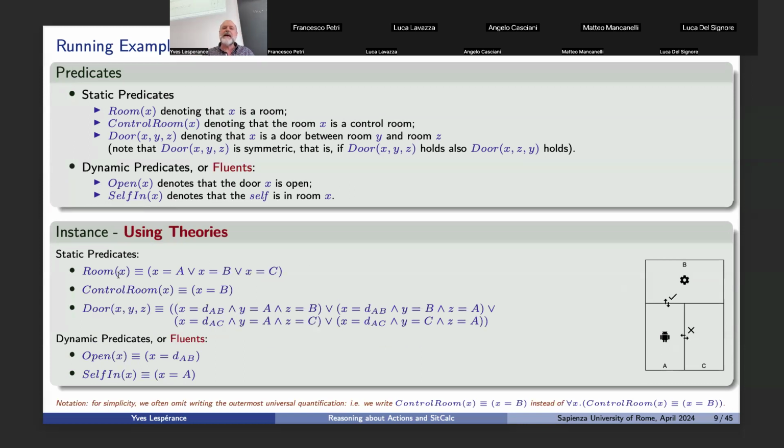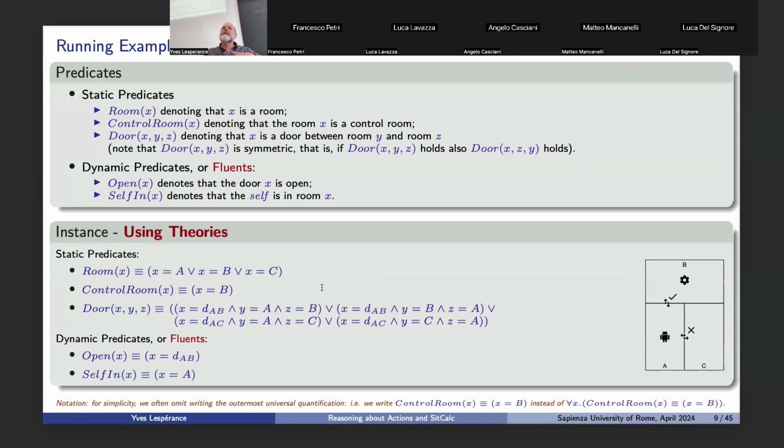This says that X is a room if and only if X is A or X is B or X is C. Normally you would write this in logic by saying for all X, room X if and only if X is A or B or C. Here we're going to assume that if there's a free variable in a sentence, automatically there's a for all for that variable outside.